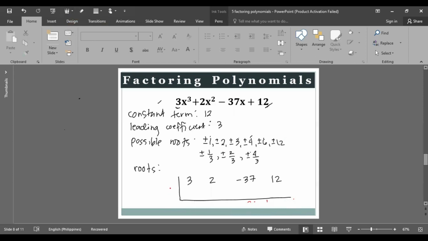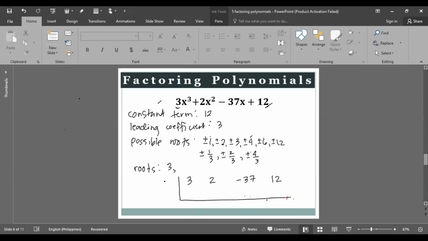Let's try positive 3. So, bring down 3, multiply 3 by 3, we get 9, add 11, multiply 33, add, we get negative 4, multiply 3 by negative 4, we get negative 12, and we get 0 as the remainder. Therefore, positive 3 is one of the roots of this polynomial expression. So, meron pang dalawa.